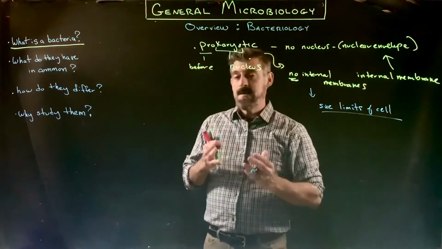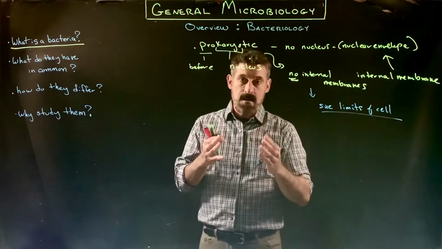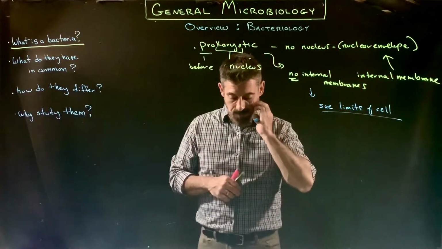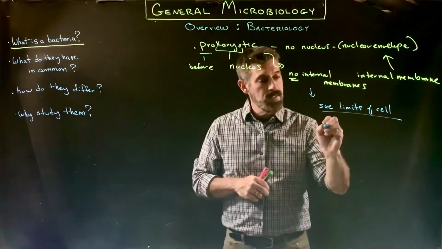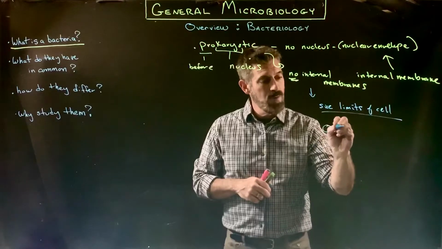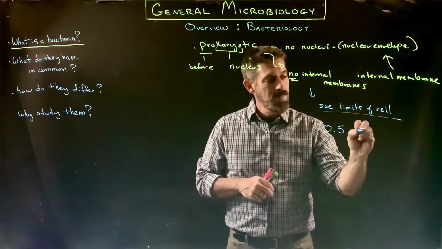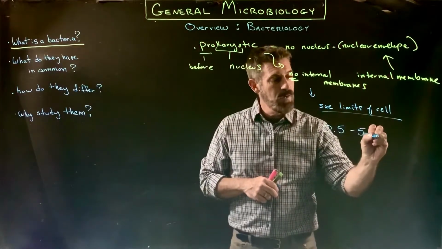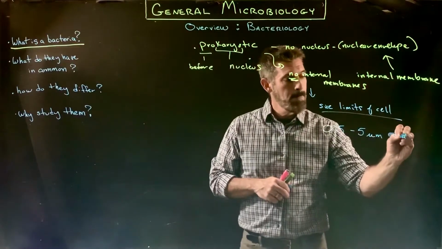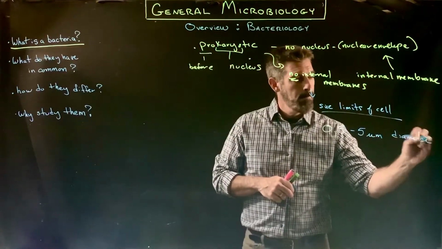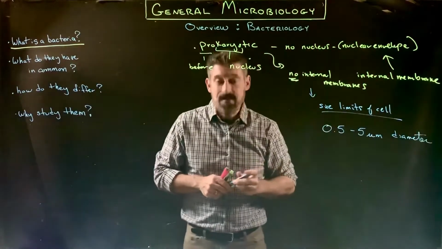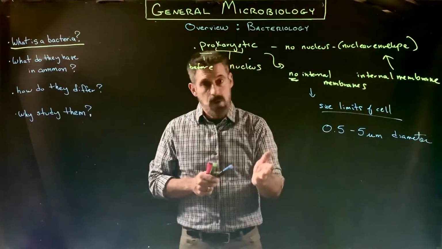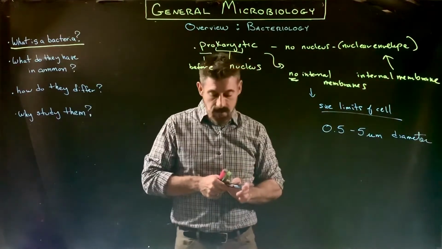For bacterial cells, there isn't just one size for a cell. In general, most bacterial cells are about 0.5 to about 5 micrometers in diameter. That's an average. There are cells that are smaller and there are cells that are larger.